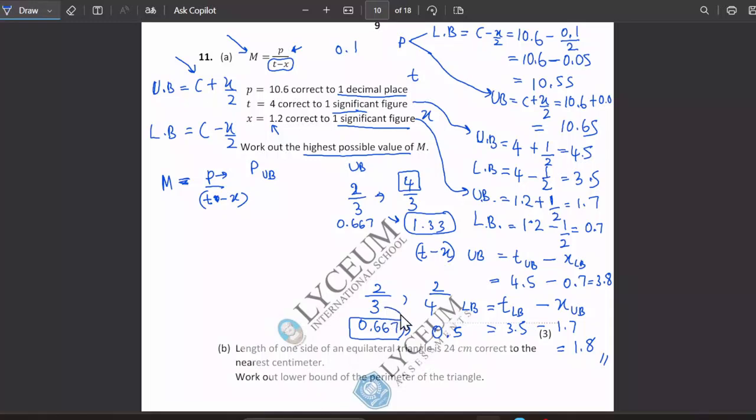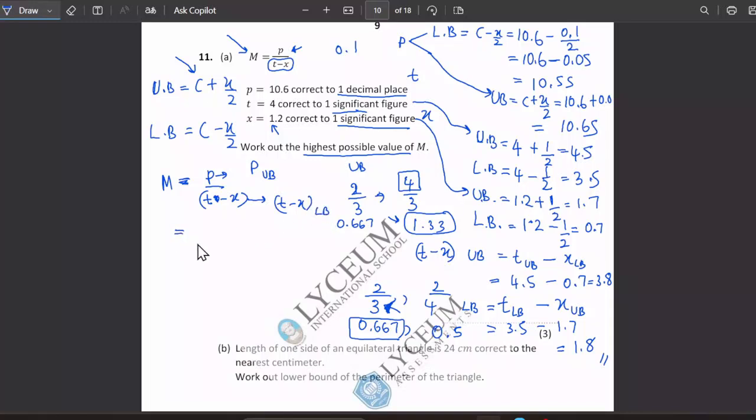So if the denominator is smaller, then only we get the largest fraction. So if we want to get the largest fraction, always the numerator should be larger, denominator should be smaller. For t minus x, we have to get t minus x lower bound.